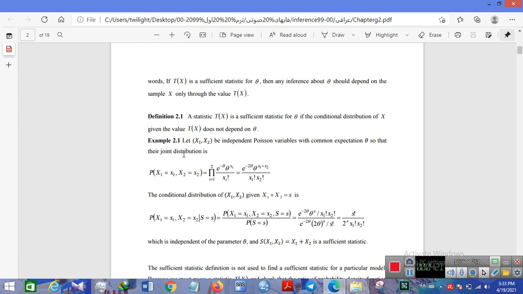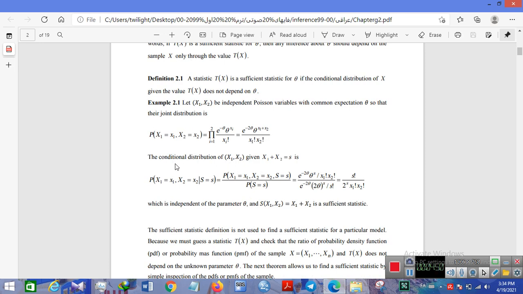The joint distribution of x1 and x2 is given by the product of their probabilities, because they are independent Poisson. We can write the product of the Poisson probabilities for x1 and x2, and we get this probability.